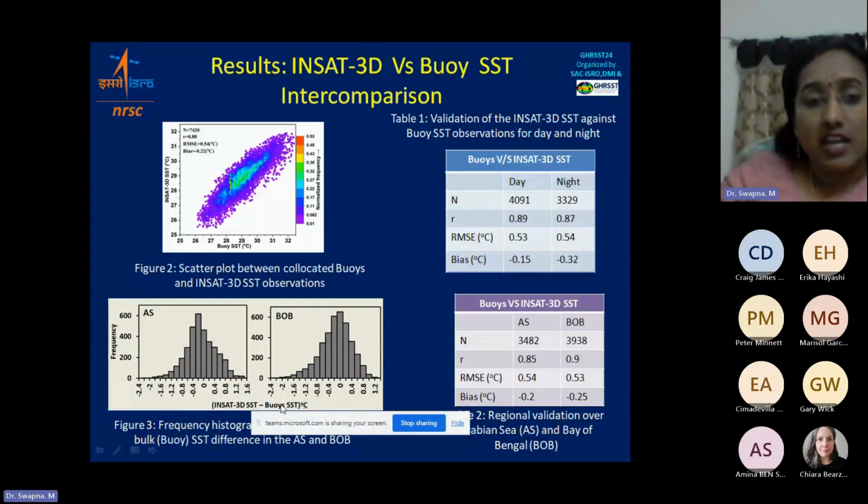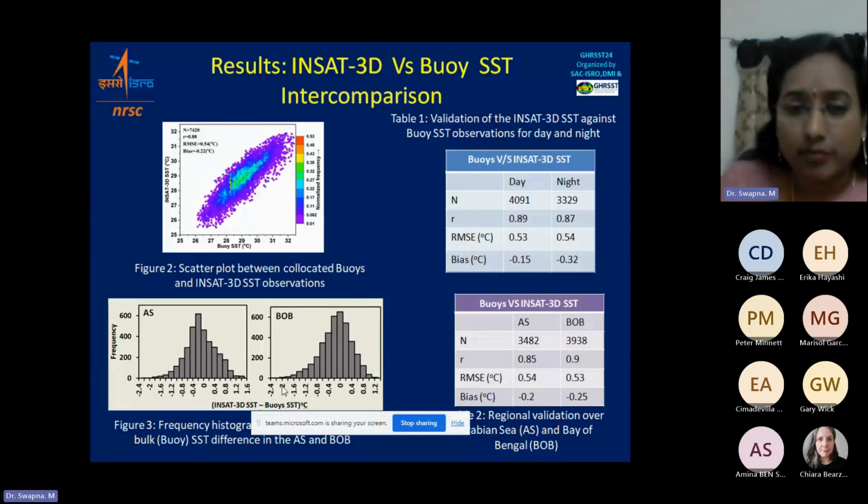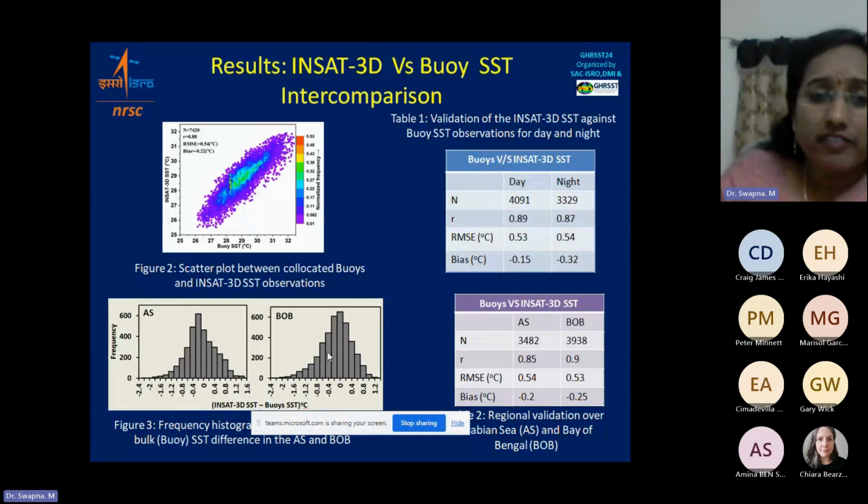So why these differences? As I told, this satellite SST is the skin SST, which comes from the 10 micrometers of the ocean surface, whereas buoy SST is at a depth of 1 meter. So whatever buoys I have considered in the Indian Ocean, those are of 1 meter depth. So the differences arise due to many factors like cool skin effects and warm skin layer effects of the satellite SST.